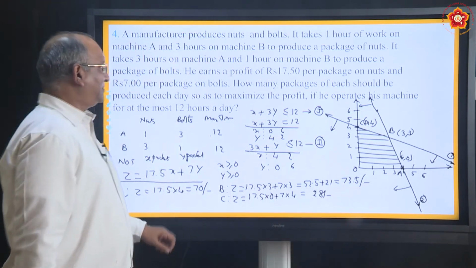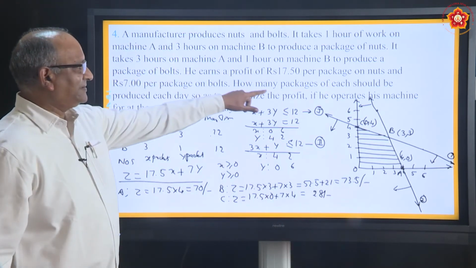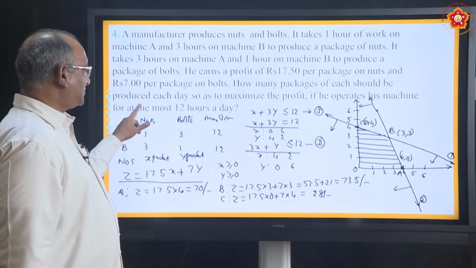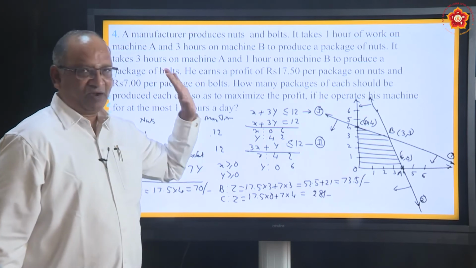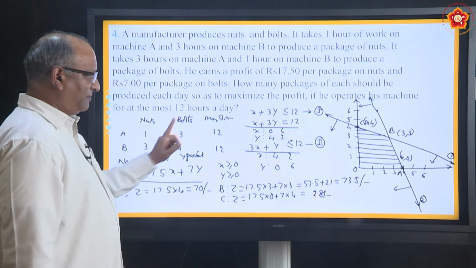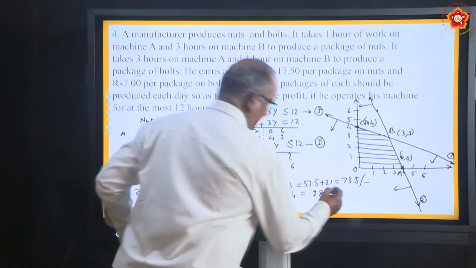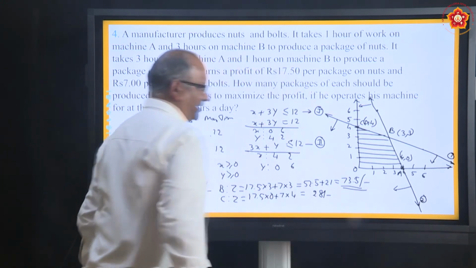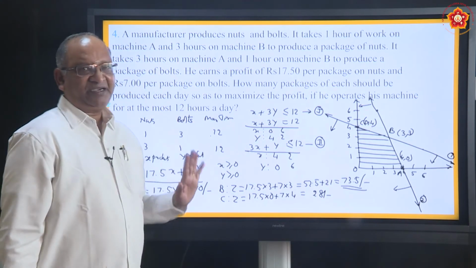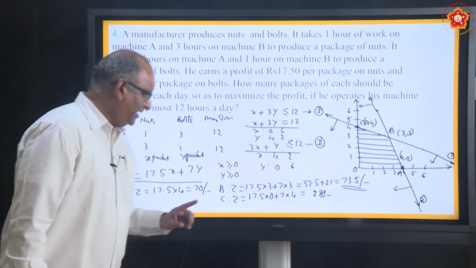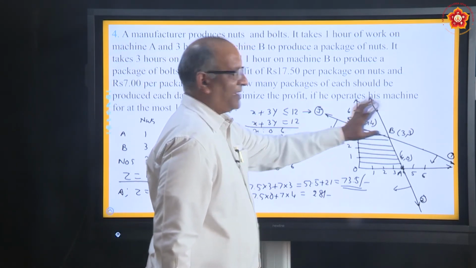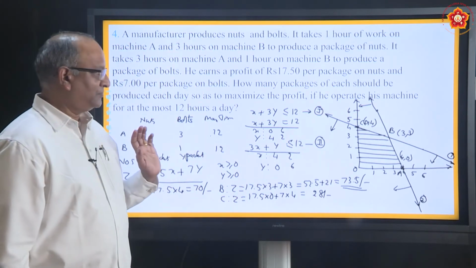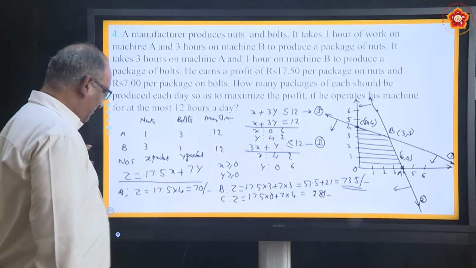What did he want? How many packages of each should be produced each day so as to maximize the profit. What is the profit? Z. So the maximum profit you are getting here. Okay. So the maximum profit is 73.5 when he produces 3 packets of nuts and 3 packets of bolts. Okay. That is the final answer we have to write.